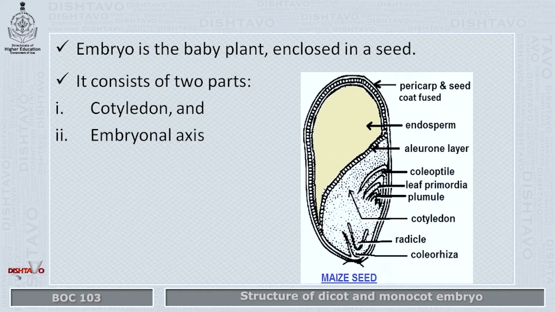It is a baby plant, and it consists of two parts, that is the cotyledon and the embryonal axis. The cotyledon may be papery and a single cotyledon might be present, but in some cases there are two cotyledons present, as in the case of dicots. And the embryonal axis is made up of the plumule and the radicle.